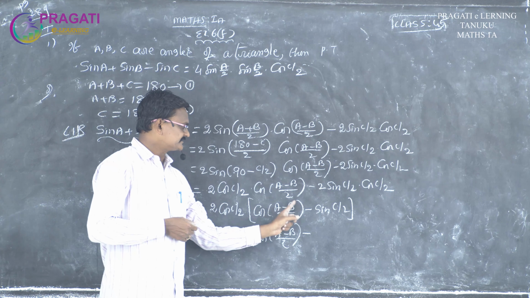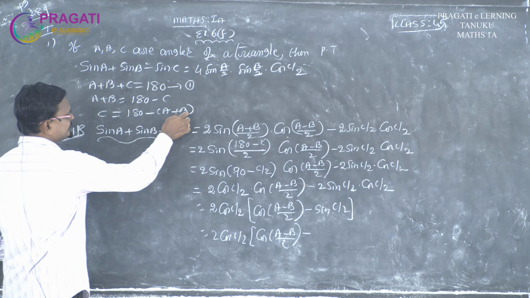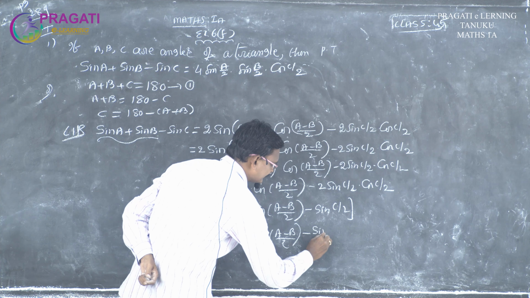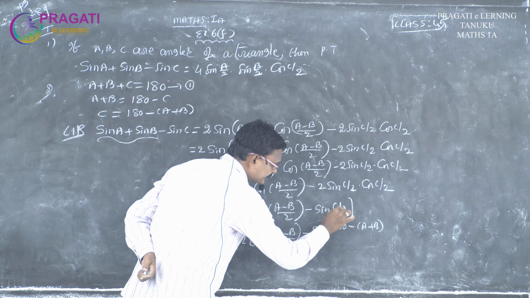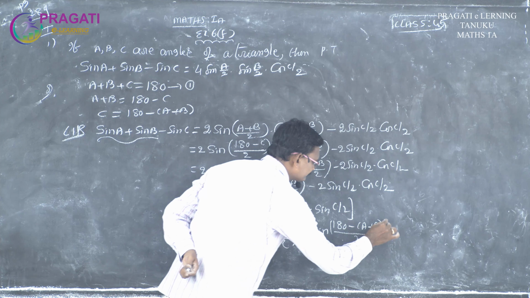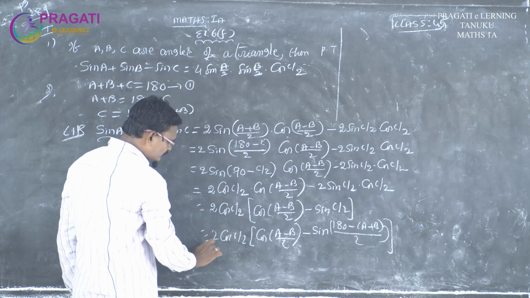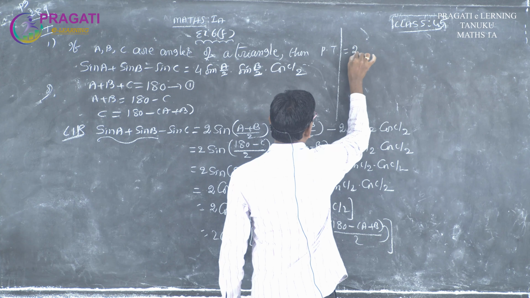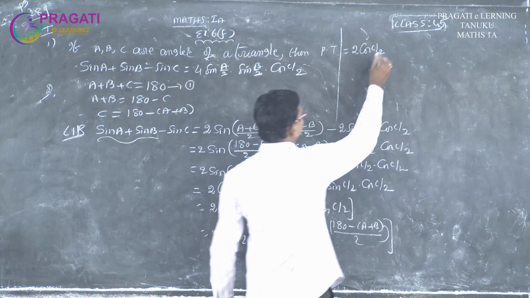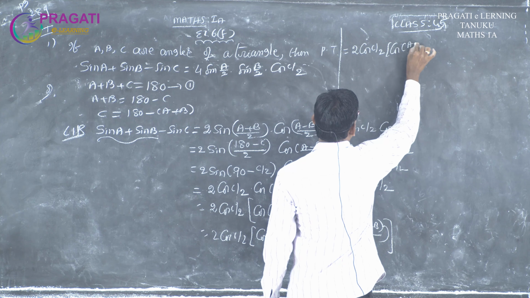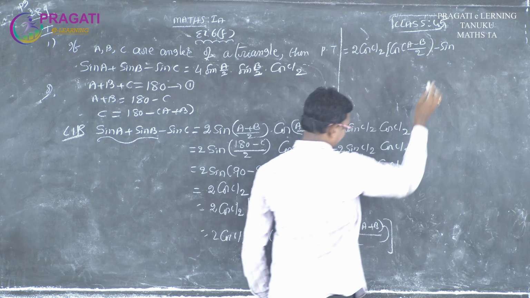Now write this step in terms of A and B. This is C; convert it into A and B. C means 180 minus (A plus B), so sin C means sin((180 minus (A plus B))/2). We get one more step here. So 2 cos C/2 into cos((A−B)/2) minus sin of the whole by 2.